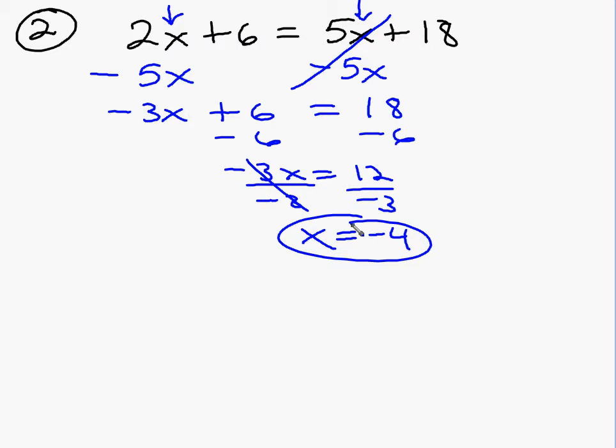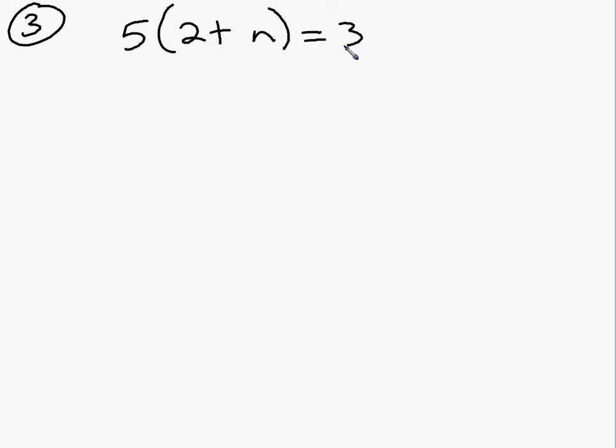And if you decided to move the 2x, you should have got the same answer. All right? So we've got a couple more examples to do. Just different situations that we have not seen yet. Some of them, the variables on both sides, some of them they're not. Let's take a look at this one. 5 times 2 plus n equals 3 times n plus 6.